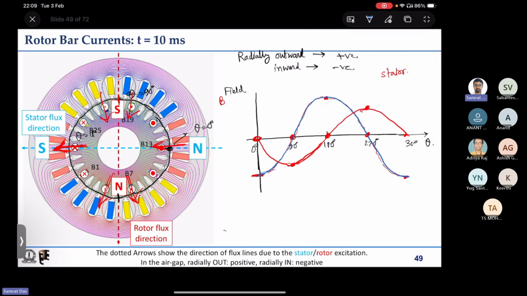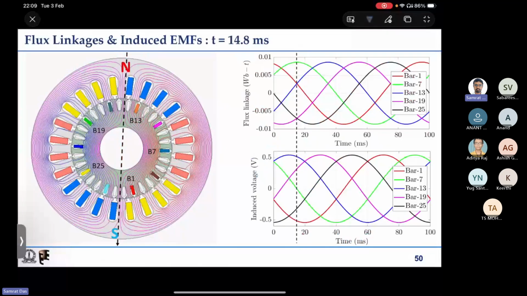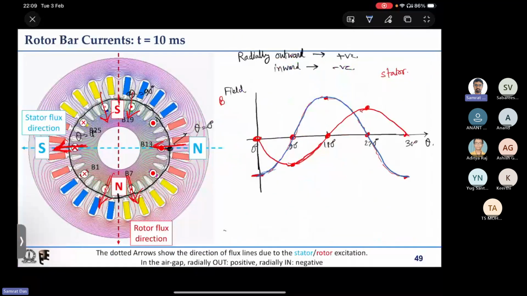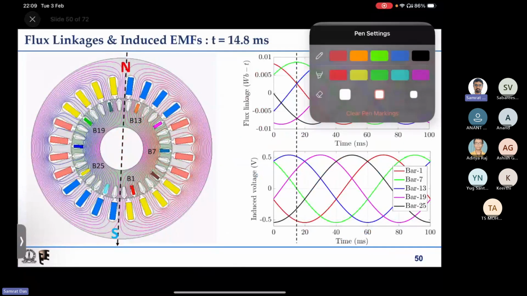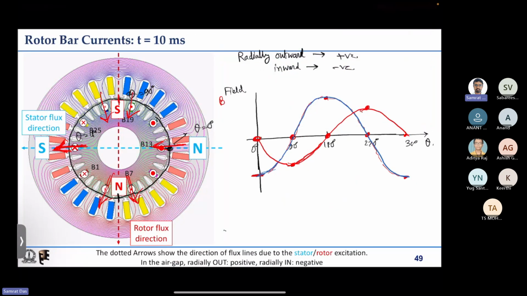So the red one is for rotor, and the blue one is for stator.